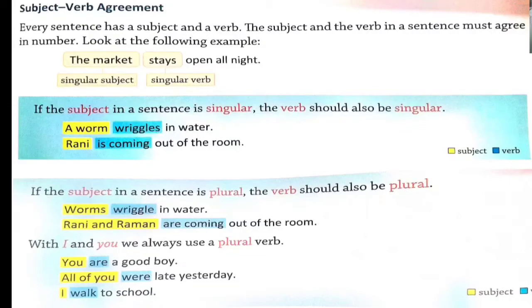In that case you have to use the helping verb are or were, or verbs without S or ES. You are a good boy. All of you were late yesterday. I walked to school. Here all the verbs are in plural form.